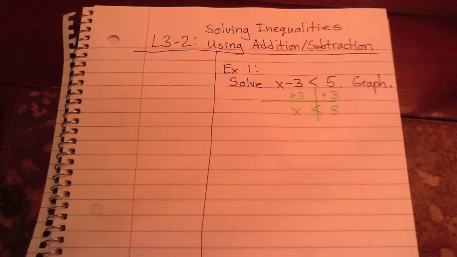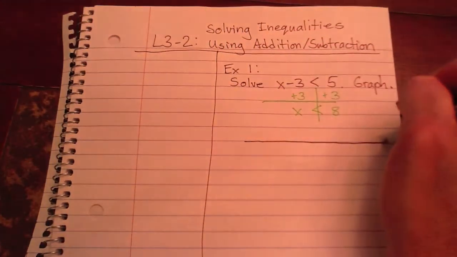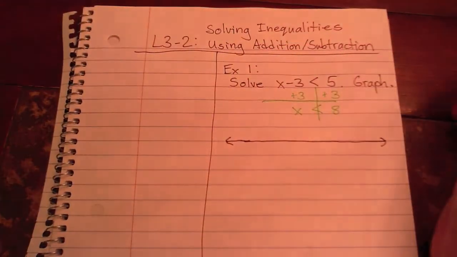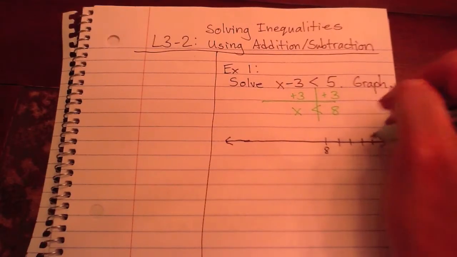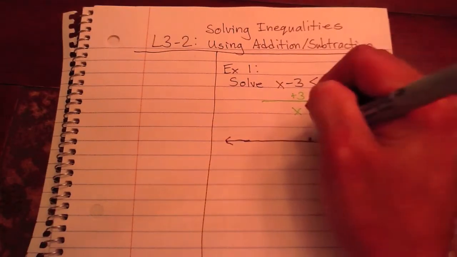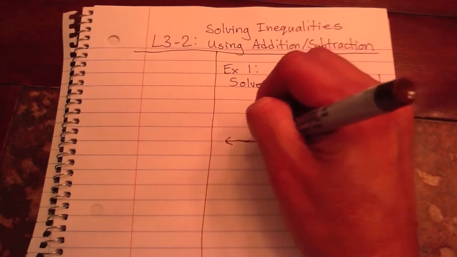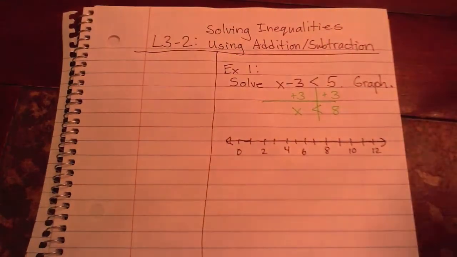When you go to graph it, you're just going to do exactly what we did yesterday. Draw your number line. Notice how I'm using my line to make a number line. You should be doing the same thing. I'm going to go ahead and start at 8 here. And you have to do the same thing you did yesterday.